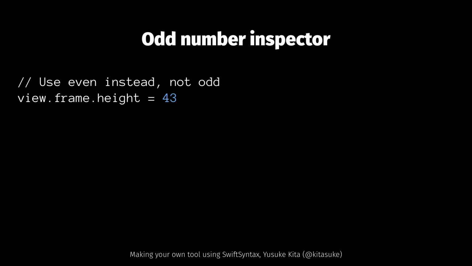This example is the height for a table view cell, and we unconsciously use 44 for the table view cell. But sometimes we make a mistake, and it becomes 43 or 41. This tool tells you that you should use 44 or 42 instead. So it's a really simple linter.